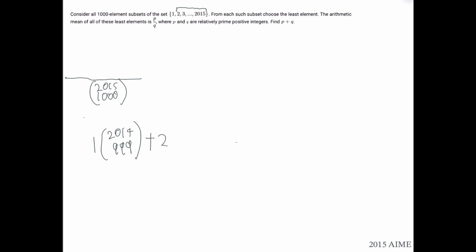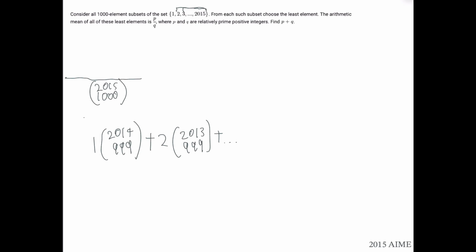And then we can apply the same logic for 2. 2 is going to be the least element when all the other numbers in the subsets that it's in are greater than 2. So that's the numbers between 3 and 2015. So that's 2013 choose 999.